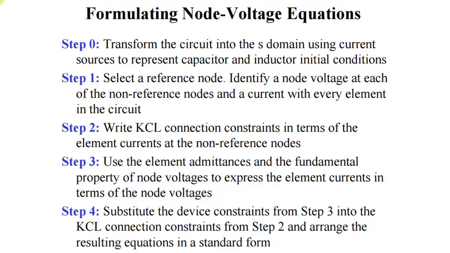The last step is to substitute the device constraints from step 3 into the KCL connection constraints from step 2 and arrange the resulting equations in a standard form. We used this step in the previous lectures. Use Cramer's rule, you just need to solve the equations. That is the procedure they follow. In the previous lectures we solved some problems; the steps are elaborated here.